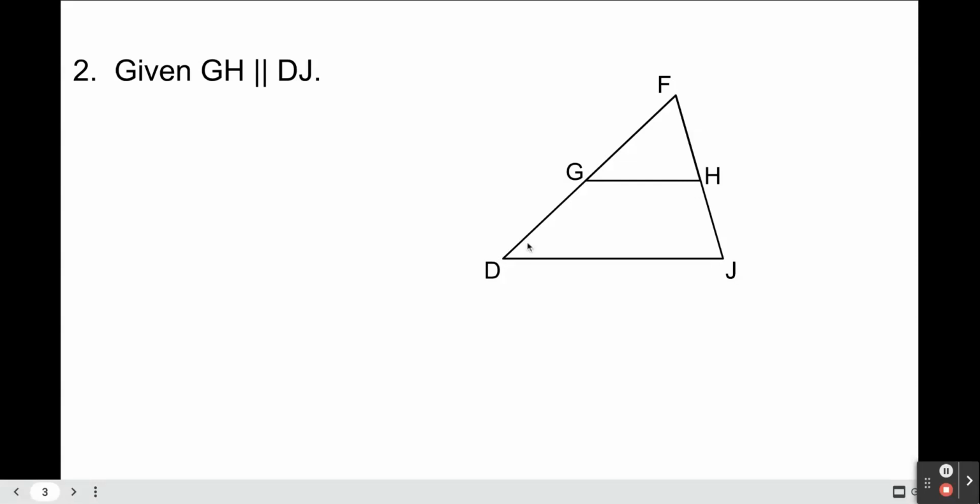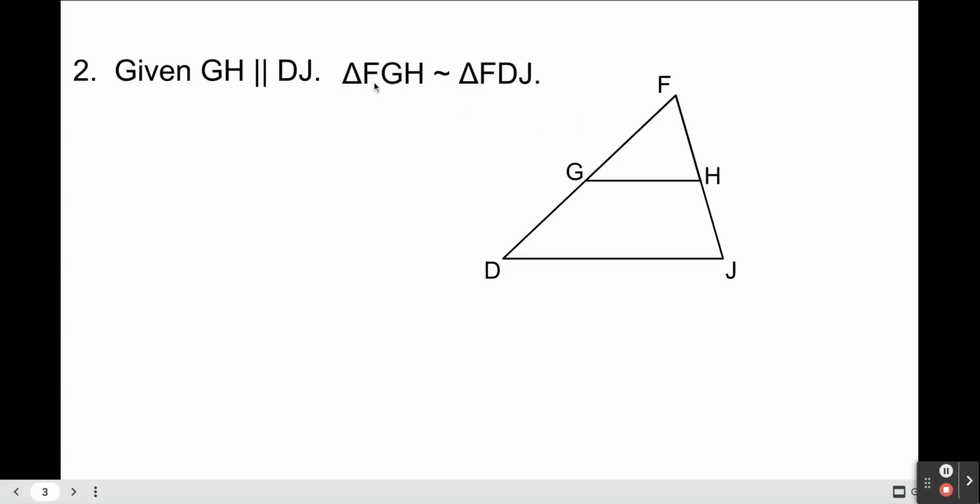We have corresponding angles, so this angle D corresponds to G, also H corresponds to J, and that gives us some congruent angles. You should also know that angle F is going to be congruent to itself. That's the reflexive property.